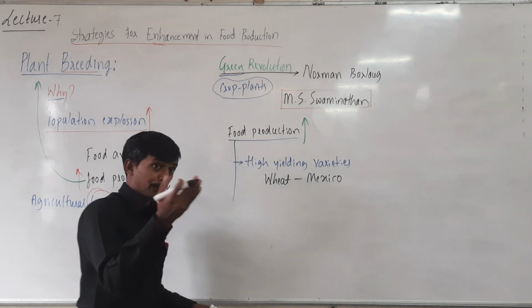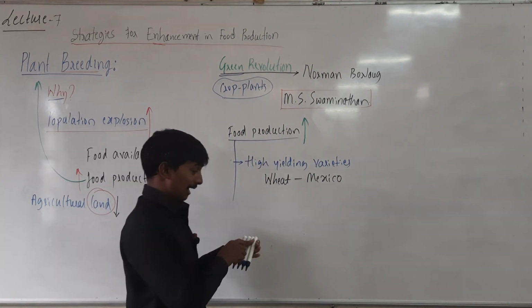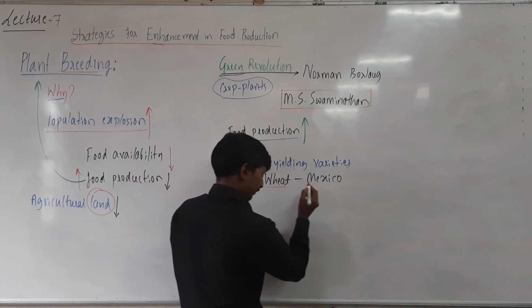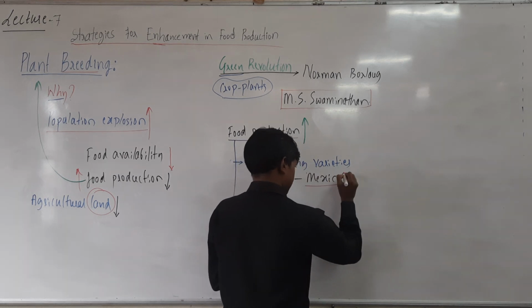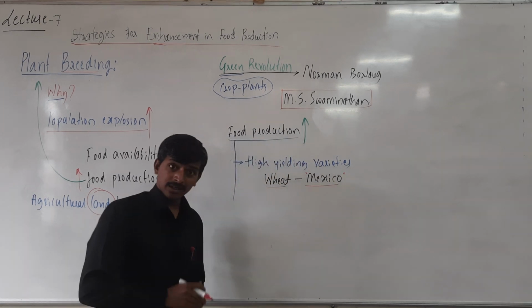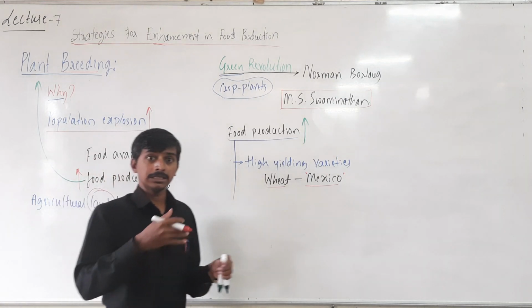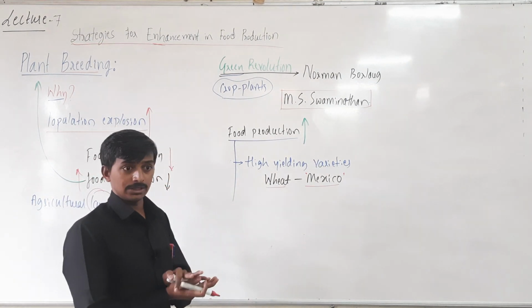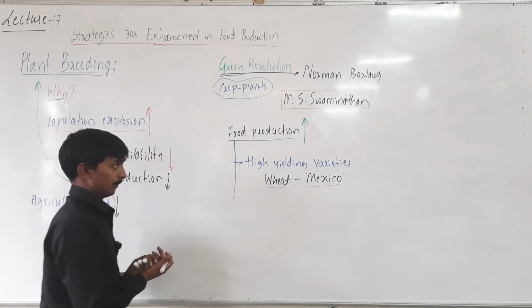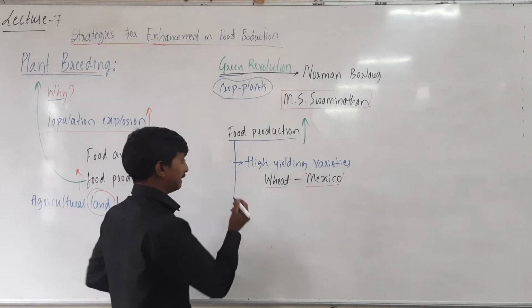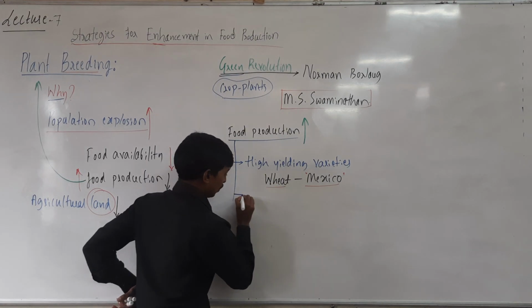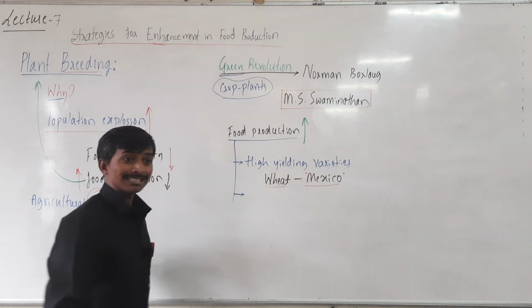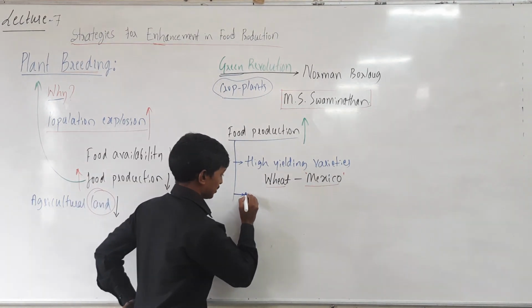They have imported various high yielding varieties of wheat from the Mexican country, so that our cropland, the wheat, can produce more seeds, more amount of food. Along with that, they should also focus on disease resistant varieties.